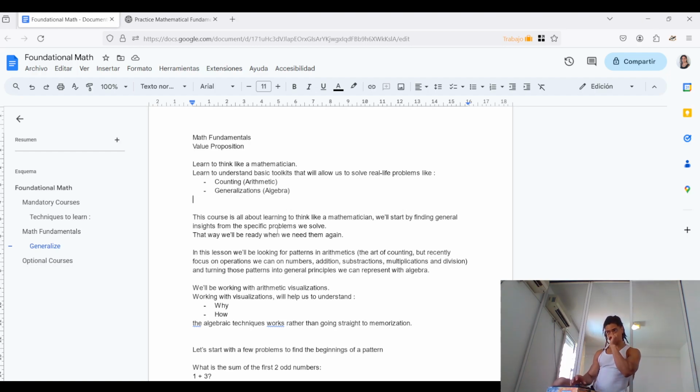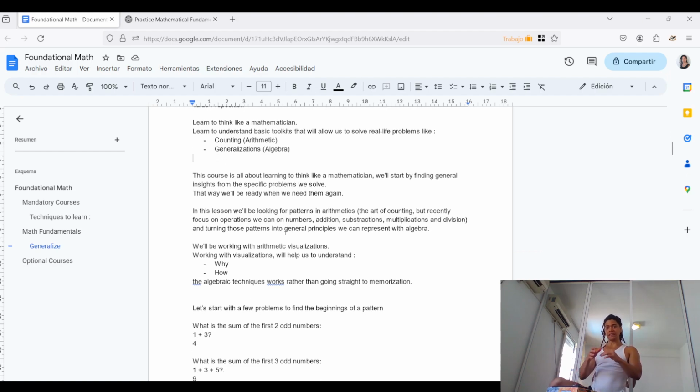How can we represent these generalizations, based on patterns that we see in numbers, using algebra? So for example, it's like, all men are bad, all women are bad. You're like, really? There might be a pattern, but not all of them are like that.